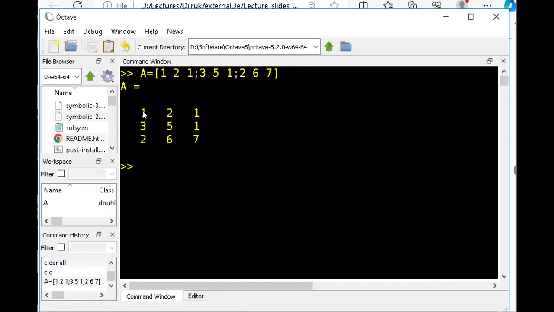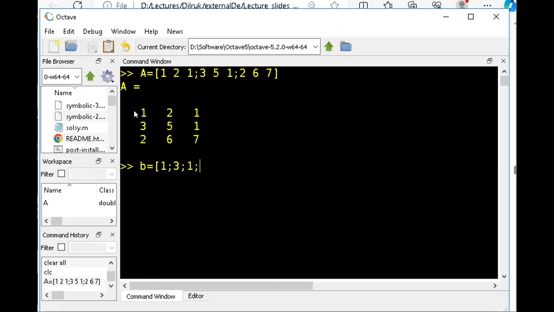This is my coefficient matrix. Then I will enter my right hand side of the system. This is my right hand side. The second one. Correct. Third.